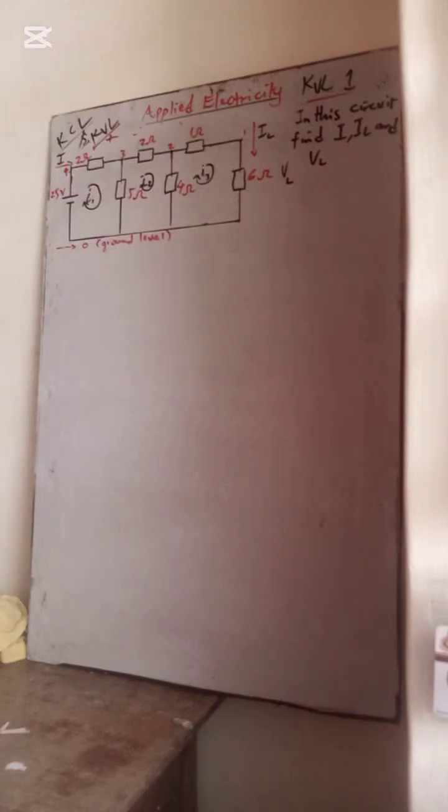How do we remember? Like I said, the law says the algebraic sum of voltage in a closed loop must be equal to 0. So that's what we are using.